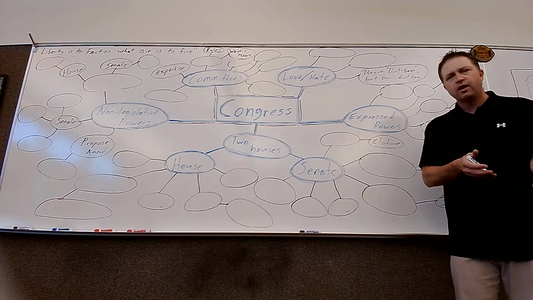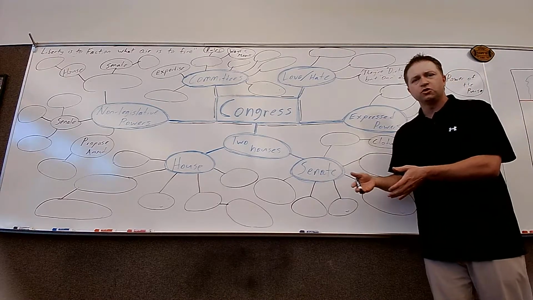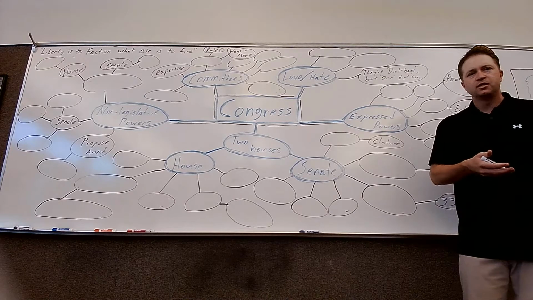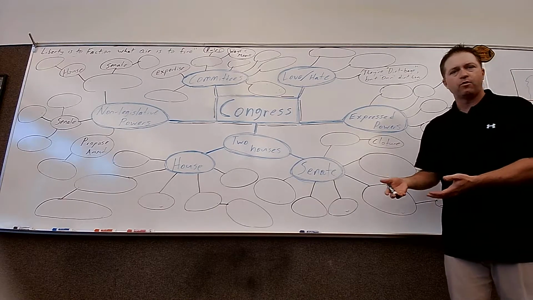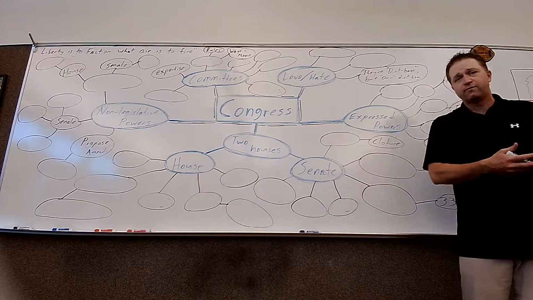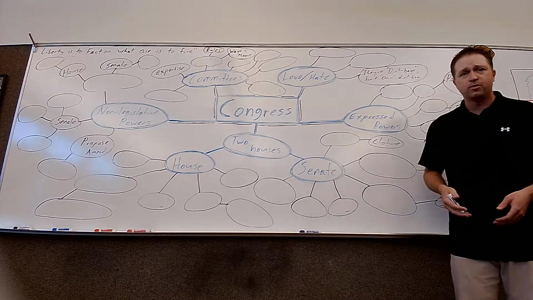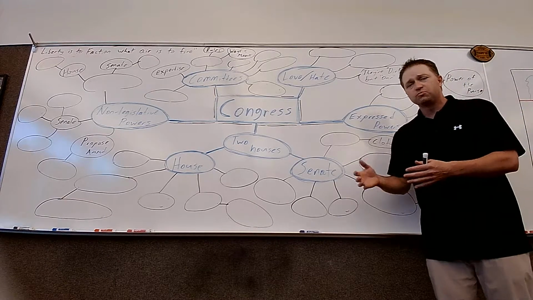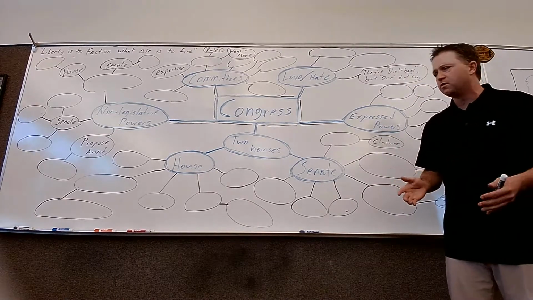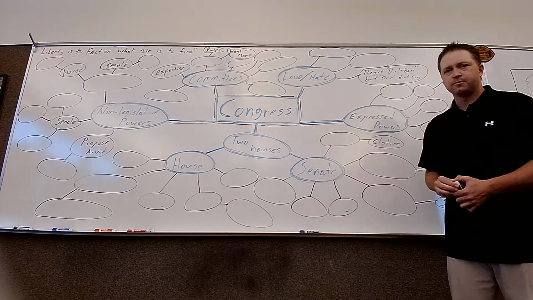So Virginia has equal power as New Jersey. And in more modern times, California has equal power to Utah, even though California has like 40 million people that live there, where Utah's like 3 or 4 million people, right?